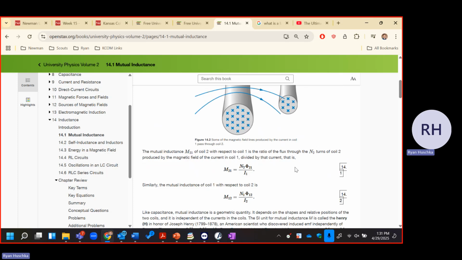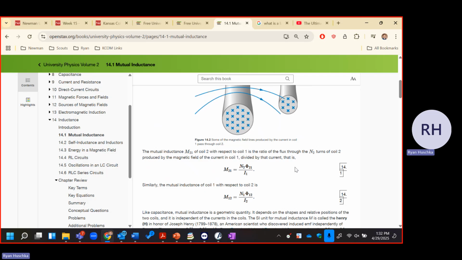Okay, so when you see there on 14-1, our notation is a little different. Where it says M21, that's the mutual inductance of coil 2 with respect to coil 1.